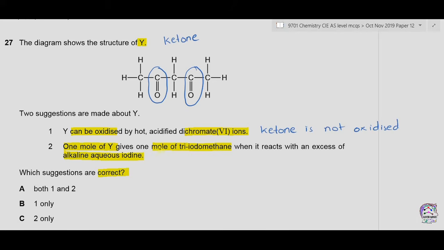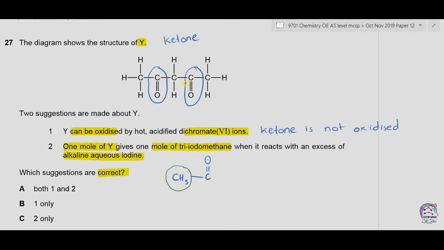So it gives positive triiodomethane result. Now we know that for positive triiodomethane result, CH3 C double bond O must be present. If there is no CH3 directly attached with carbonyl carbon, then triiodomethane result will not be positive.